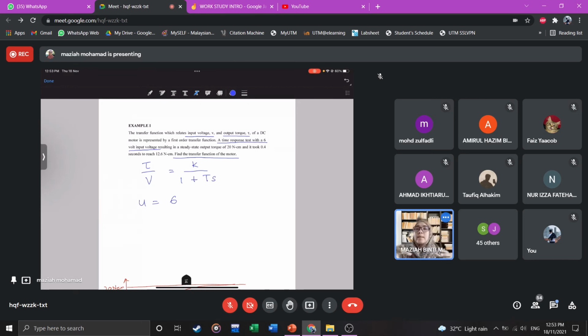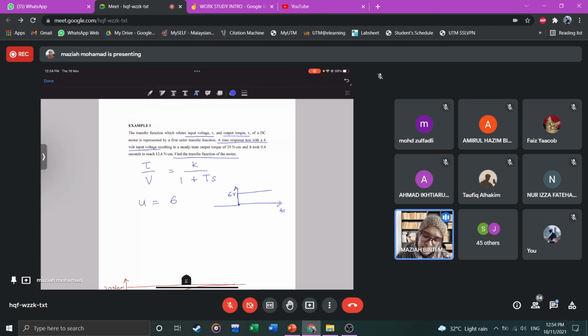It's like the input is 0 volt, then you suddenly change to 6 volt, so it is a step input because it stays at 6. We're going to use that to calculate K, or Y final. That is the first information.